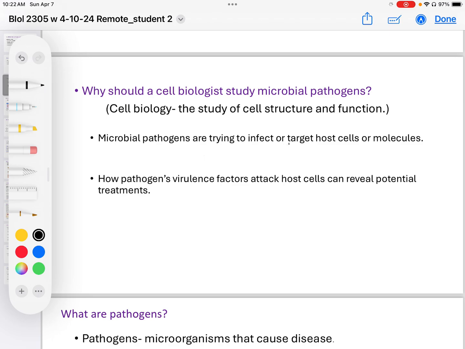Very similar to what you did in the last chapter, where you designed your antimicrobial against DNA replication. So by understanding microbial pathogens, those that are trying to infect or target host cells, they can use that information to reveal targets for design of antibiotics.